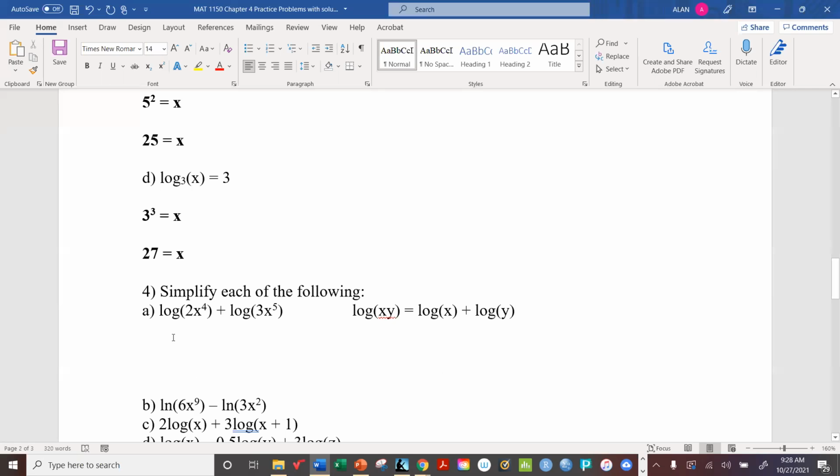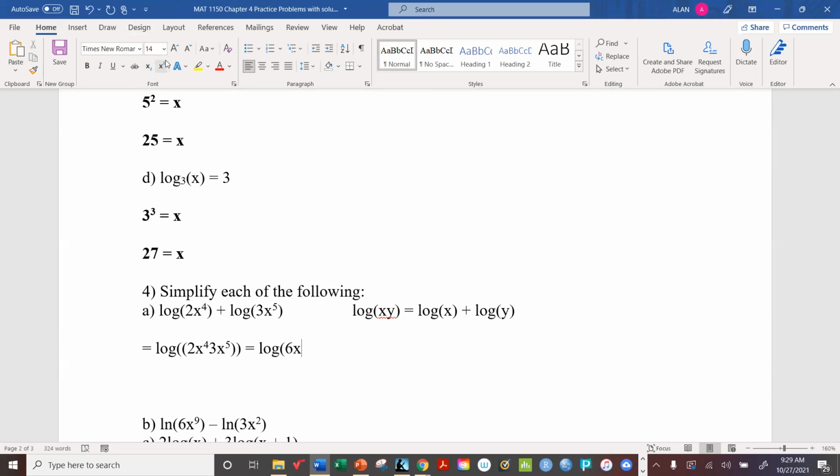So what we can actually do here is rewrite this as the log of 2x to the fourth times 3x to the fifth, which is a log of 6x to the 10th.